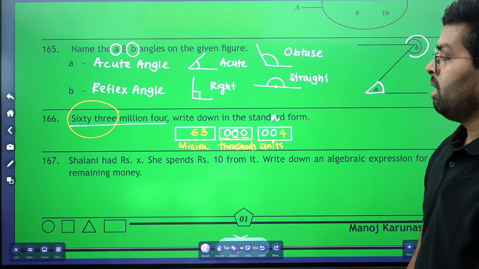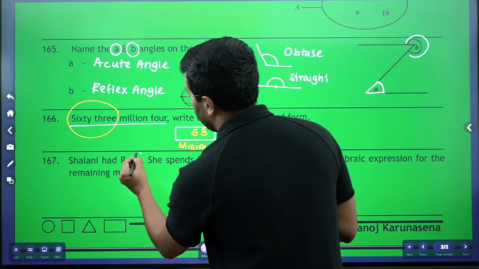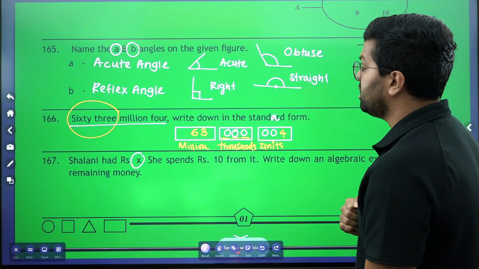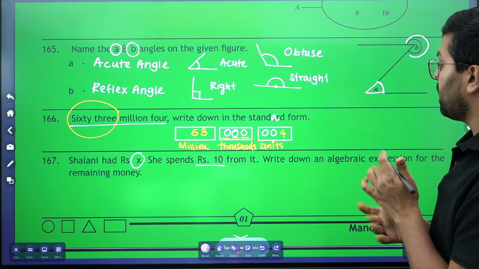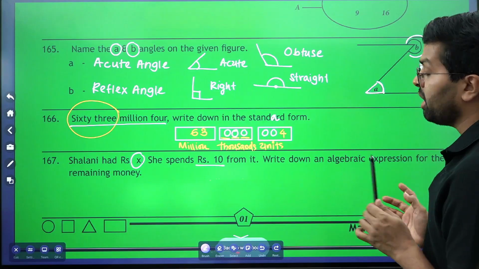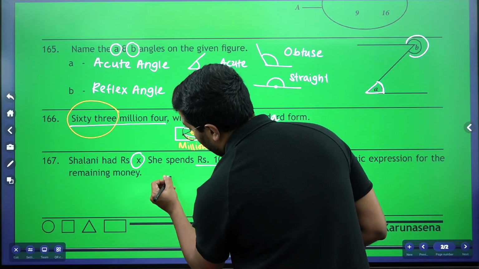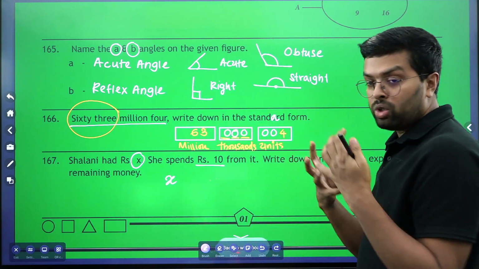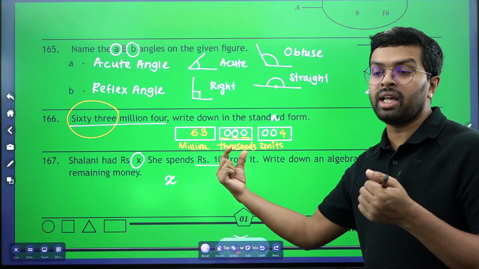Okay? Shalini had X amount of rupees. She spends 10 rupees from it. Write down an algebraic expression for the remaining money. Out of that X amount of rupees, now she is spending 10 rupees.